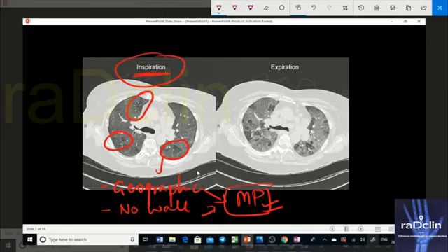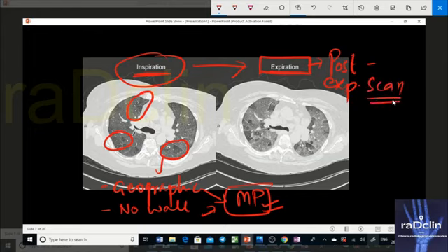Now what I did basically, I asked the patient to expire and then I take the scan. So this scan that I take is after expiration, so it is a post expiratory scan. And what happens when you expire? Your air is exhaled out, and air is the one that causes decreased density of the lung on imaging.